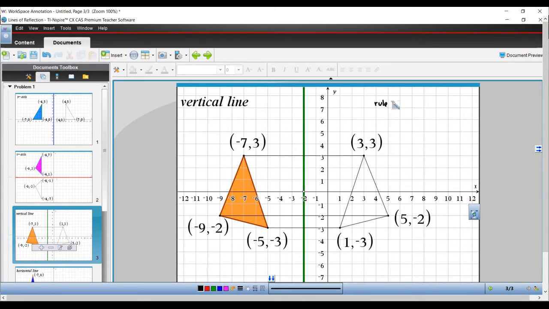So for a rule over reflection across a vertical line, all right, so it's going to look a little bit differently.